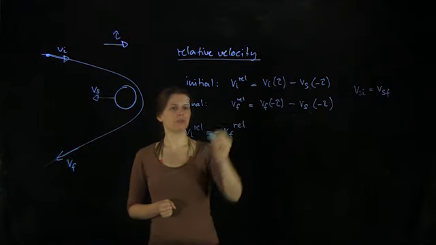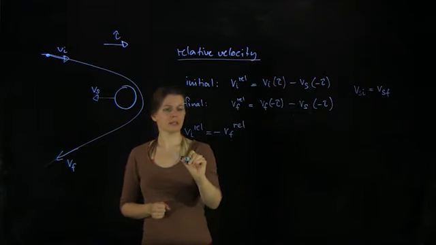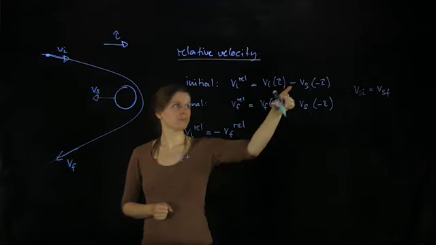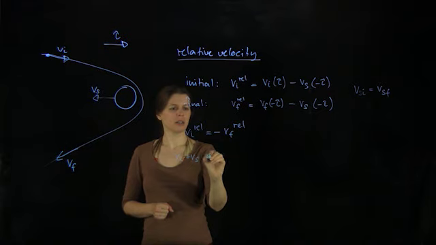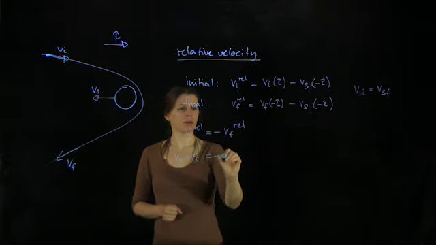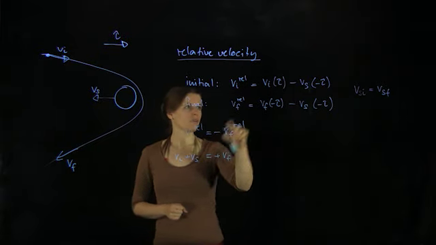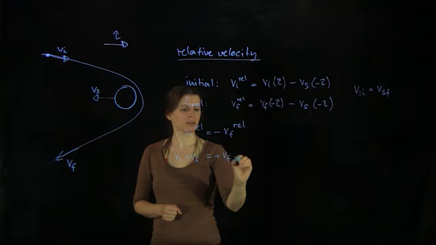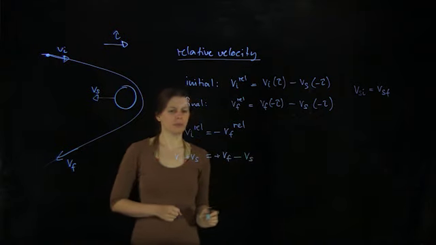What do we have here for the initial velocity? We have v_i minus, twice gives us a plus, the Saturn velocity, and that equals minus, minus gives us a plus, the final velocity of the spacecraft. And then we have three minuses here, so that gives us a minus the Saturn velocity.